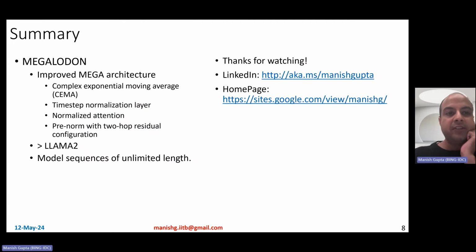Okay, so in summary, in this video, I talked about Megalodon, which is a transformer-based improvement over the Mega architecture, so as to support really long context lengths. Of course, the Mega architecture itself brought in a few interesting improvements.